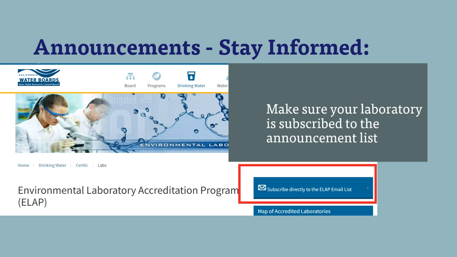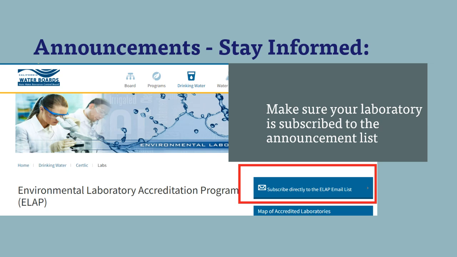So my personal recommendation would be to sign up a bunch of your staff, anyone that you think might need to know about these things. Maybe you want your department supervisors, or maybe you want all the quality team or all the management team to be signed up. But I recommend multiple people sign up for your email announcement list, just to make sure all of you are informed.